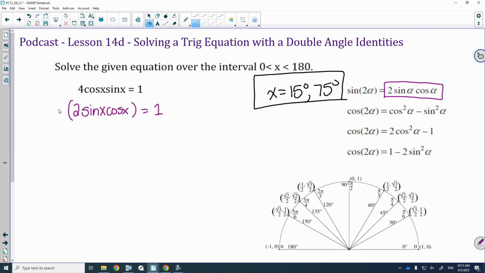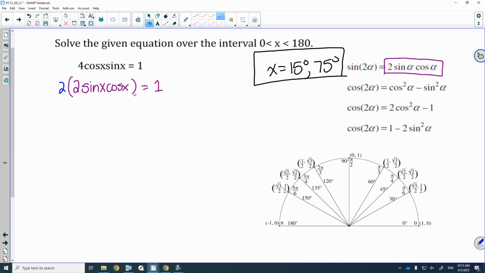I'm going to just put a 2 on the outside, because this is the exact same thing as 4 cos x sine x. Now, watch what I could do. What was the identity for this guy? 2 sine x cos x is the same thing as sine of 2x.